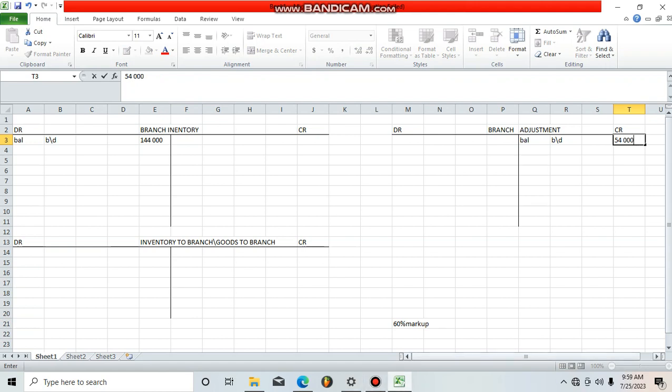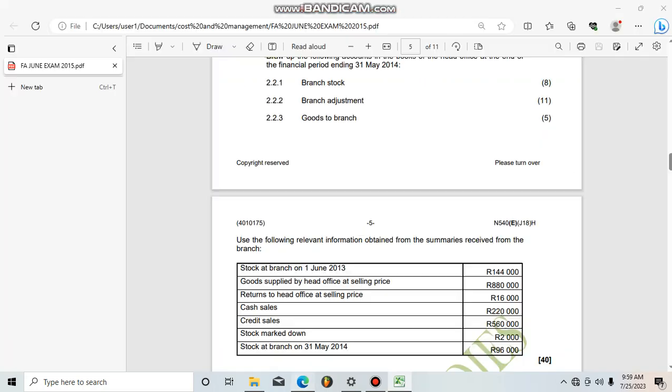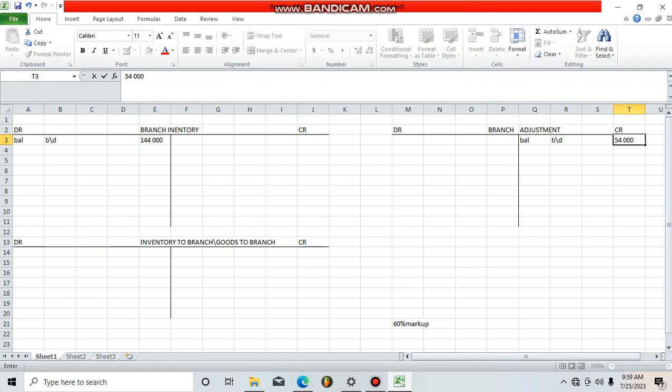Okay, so let's go back to our additional information. Goods supplied by the head office at selling price. You see here we are receiving goods from the head office, 880,000. The goods that were received, we record them here, but you don't record them as goods received, right?